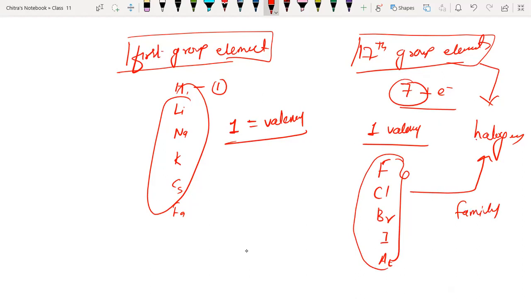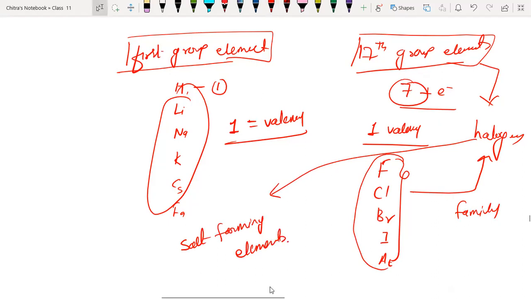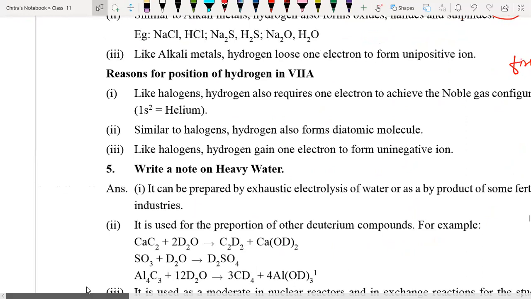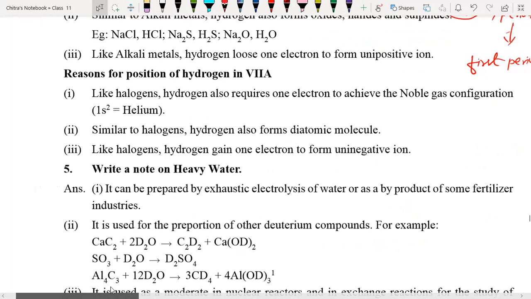And what is meant by halogen? They are salt forming elements. So all these are the reasons by which we can conclude that hydrogen behaves like first group elements as well as group 17 elements.